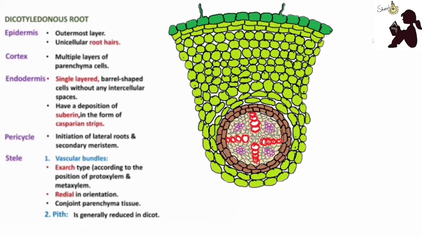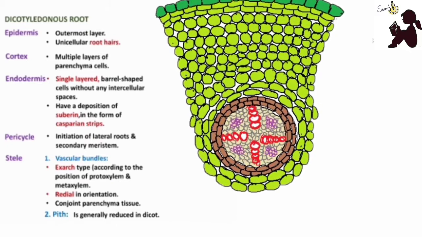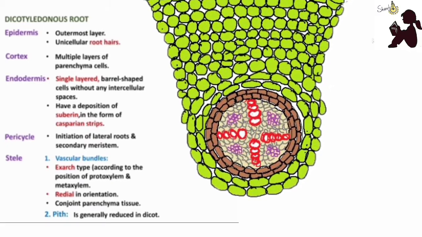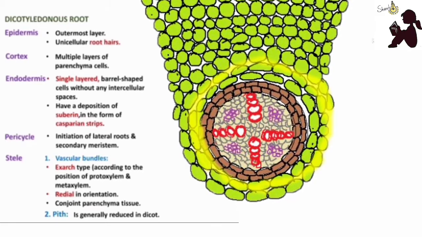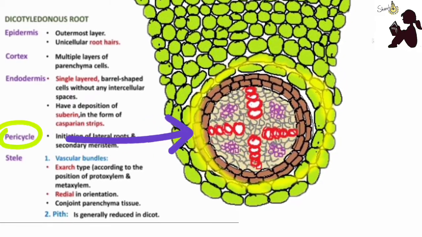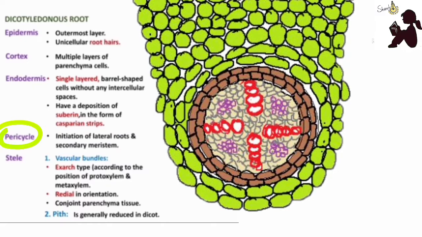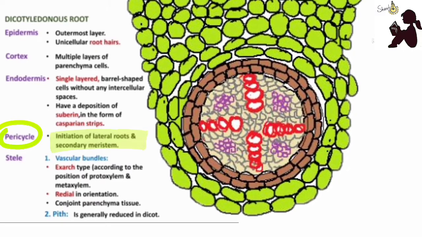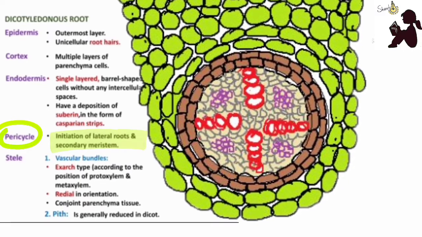Okay, then inside the endodermis we can see another single layered area called pericycle, and from this area initiation of lateral roots and secondary meristem takes place.